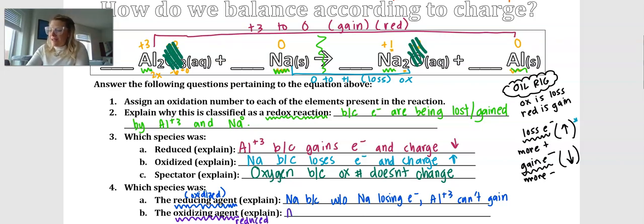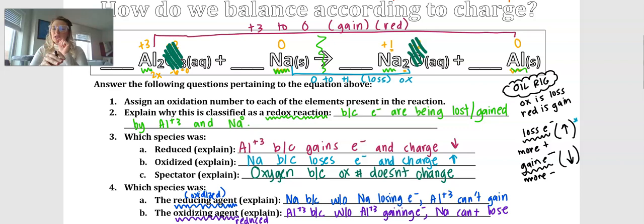So again, Al +3, because without Al +3 gaining electrons, Na can't lose electrons.